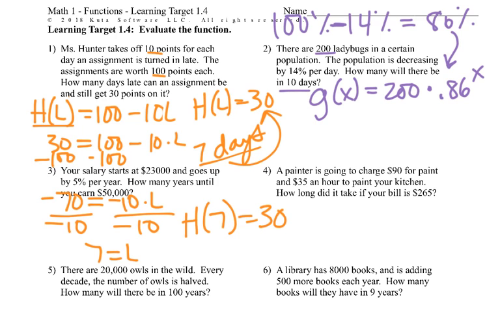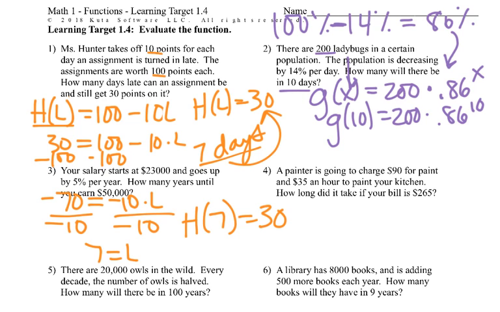Now it says how many will there be in 10 days? Well, the days determine how many we have, so days is the independent variable, which means it's the input. And the number of ladybugs would be the g of x, our output. So I plug in a 10, so g of 10 equals 200 times 0.86 to the 10th. And I'm definitely going to need a calculator on this one.